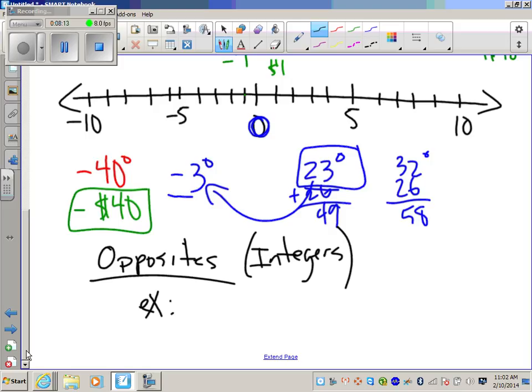Give me any integer. Carlos, 10. What kind of 10 is that? Is it a positive 10 or a negative 10? Does it have to have a plus sign in front of it? No. Positives don't have to have a plus sign, but to show it's negative, the negative of positive 10, Carlos, the opposite of positive 10.